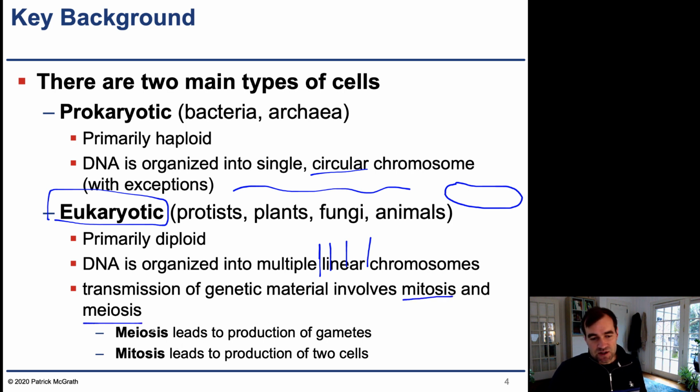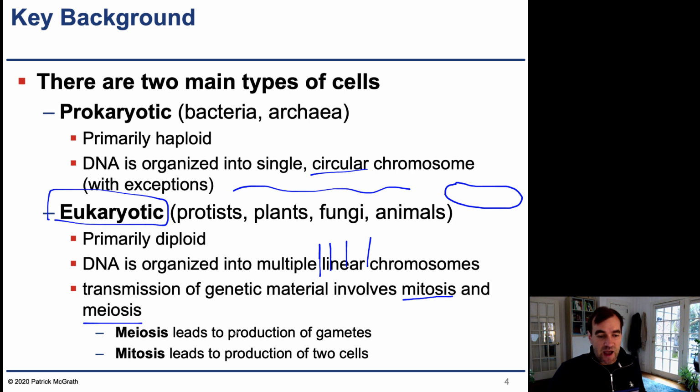Meiosis is the process that leads to the production of gametes. These are sperm cells or egg cells, depending on your sex, and this is what is used for reproduction. Mitosis leads to the production of 2 identical cells. This is important for development. When you are developing from a single fertilized egg into an entire organism, in the womb and while you're growing, you're going from 1 cell to trillions of cells.